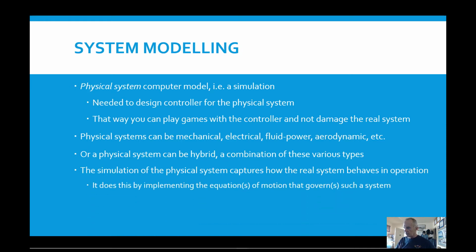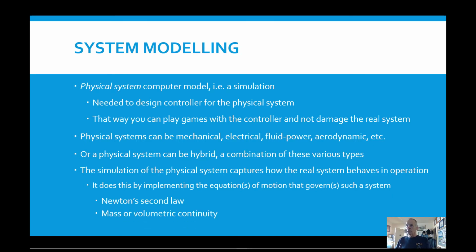Now, how you get this is that you apply physical principles to certain situations, and they deliver equations of motion that govern that system, or governing equations they're sometimes called. Examples of this for mechanical systems: you apply Newton's second law to the system.